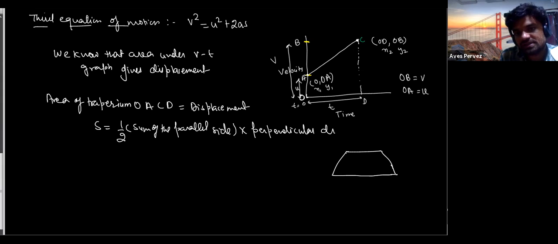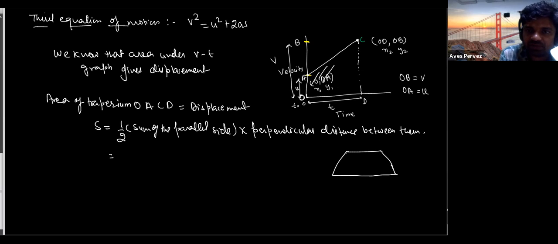You need to keep in mind that in this trapezium, OD is acting as the perpendicular distance between the two parallel sides. It is a 90-degree angle here. So OD is the perpendicular distance between them, and the sum of the two parallel sides we can write here as half into the sum of the parallel sides.